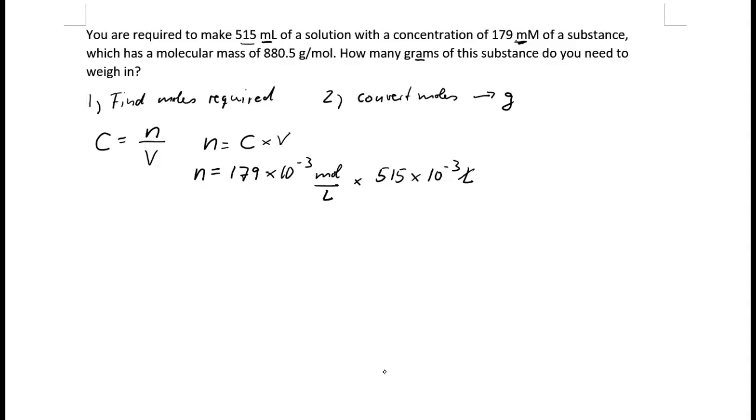And we see that the unit liter cancels out and we've got mole left, and that is exactly what we want. And now we could calculate that, but I suggest we wait a little bit because then we avoid any rounding errors. So what we then do now in the second step, we convert this number of moles into grams.